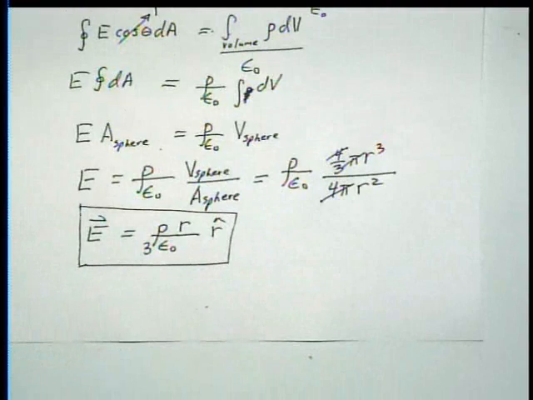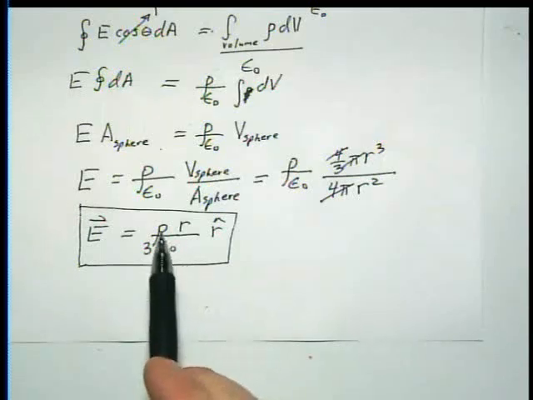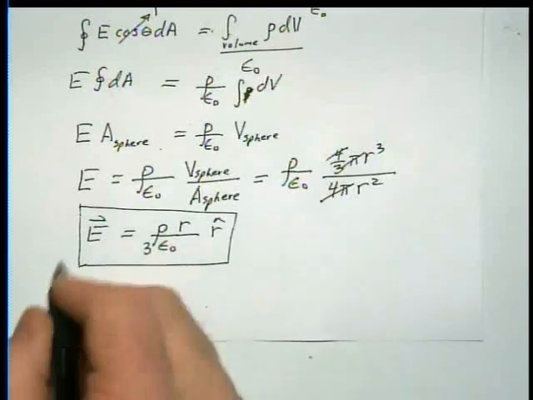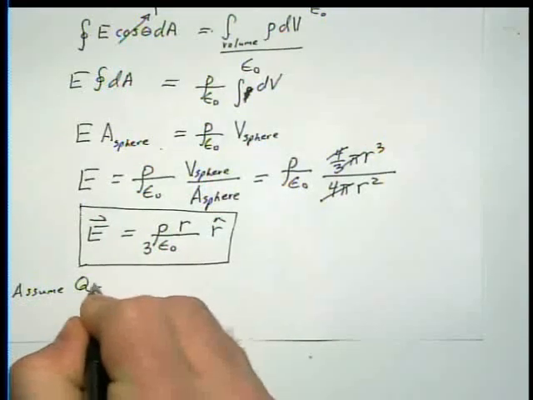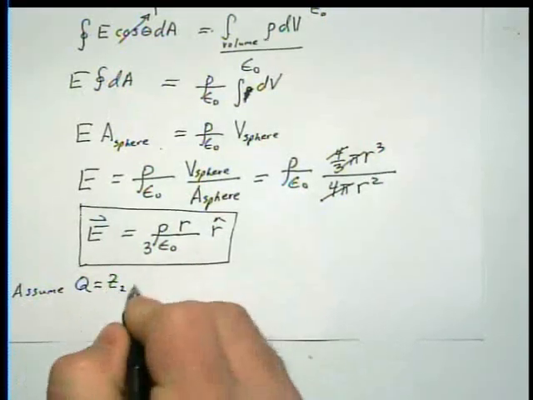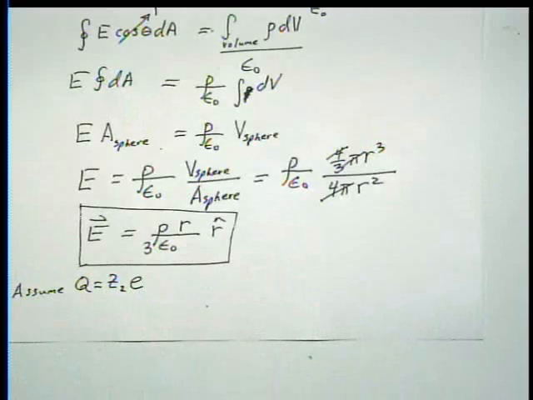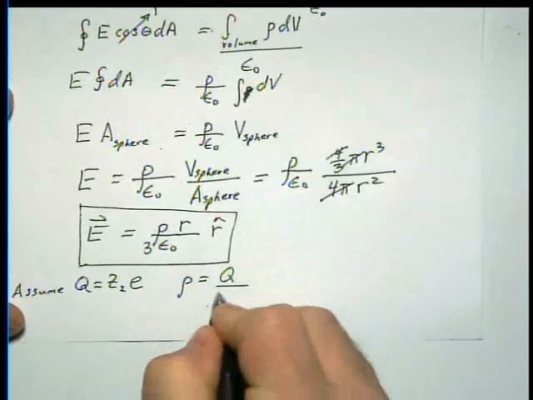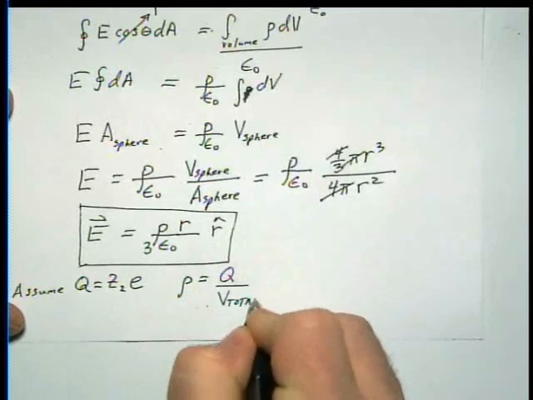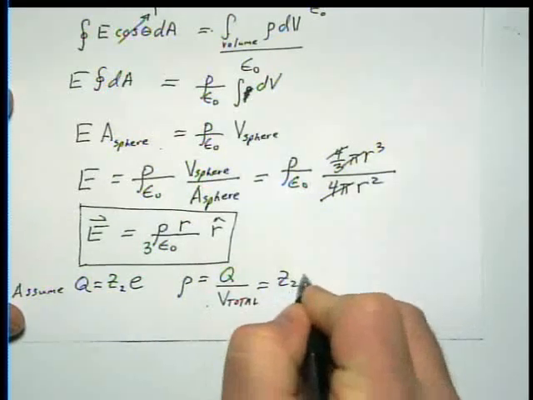Now, if the total sphere was an atom, say of helium or something, that had a total charge of Z2e, I can also replace this rho. So let's assume that Q was some atomic number times Z. Then rho would be Q over V total, which is Z2e.